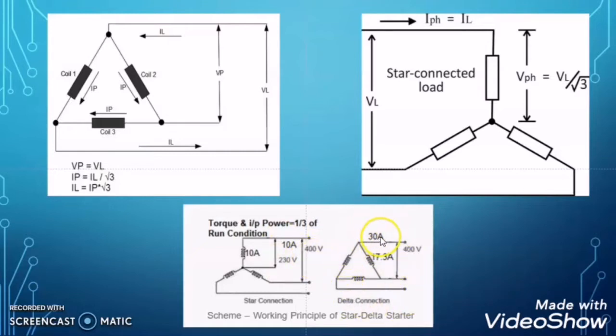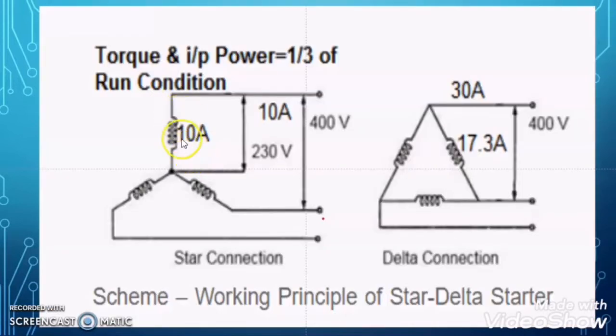Now come to the same motor when its wiring is configured in delta connection. The line current is 30 ampere, the phase current is 17.3 ampere, and the line and phase voltage are the same, which is 400 volt. Here you can notice that the phase current in the star configuration of the motor is 10 ampere. For the same motor, the phase current in the delta configuration is 17.3 ampere.